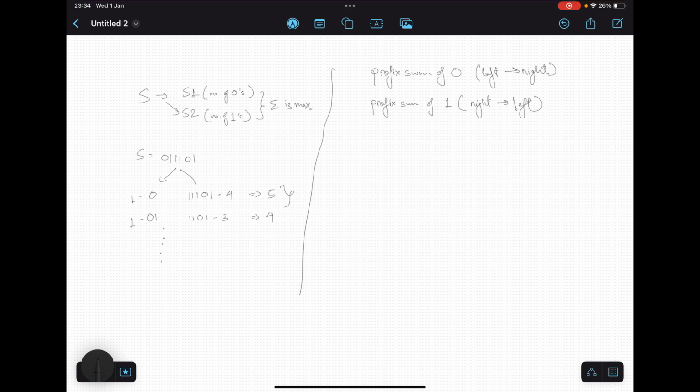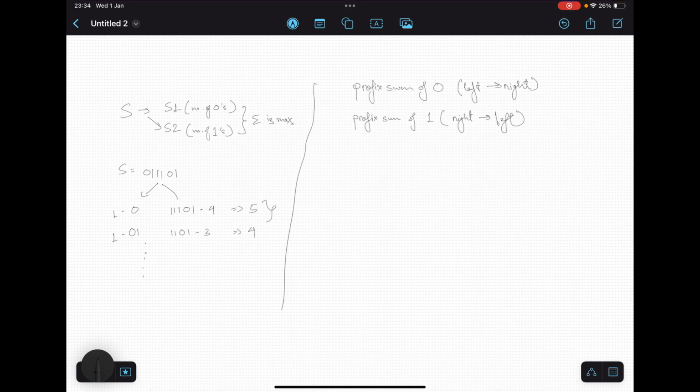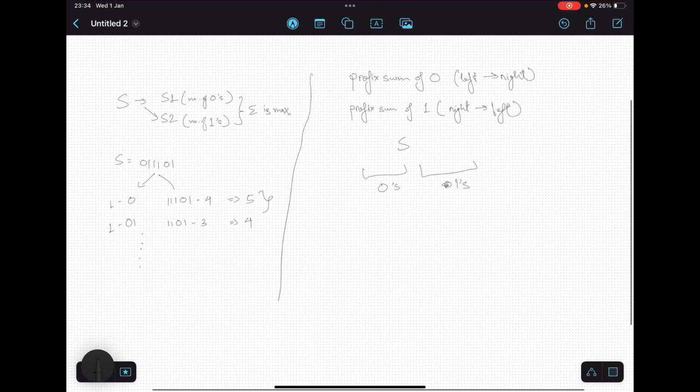The reason I'm taking the prefix sum of 1 from right to left is because I need to divide s into two parts. S1 would contain zeros and S2 would contain ones, so that I can maximize zeros on the left substring and ones on the right substring.